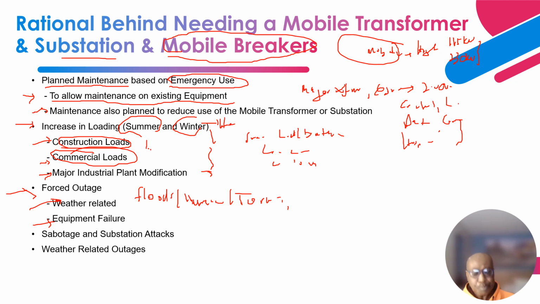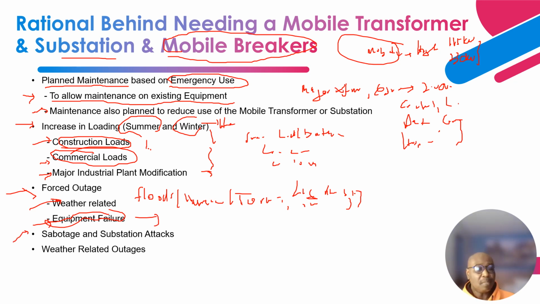And the other one is equipment failure. Due to neglect, not managing the equipment, the asset management, you can have an equipment failure. And sometimes during lightning strikes or impulse voltage strikes, it can penetrate the winding of the transformer and cause an incipient damage to the transformer that manifests with time, and that can cause sudden equipment failure.